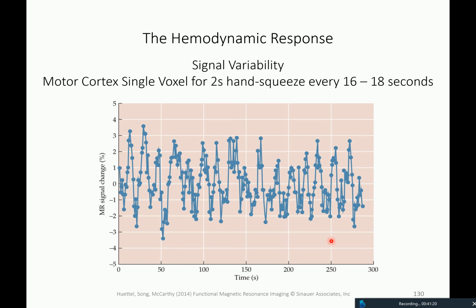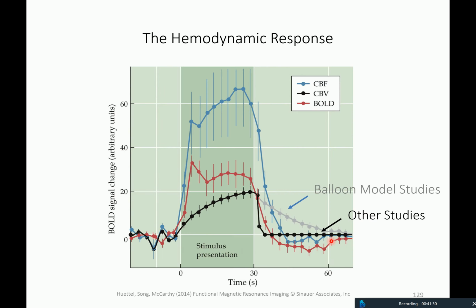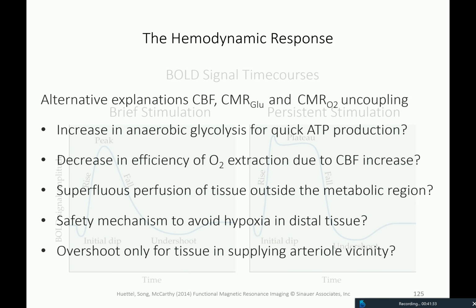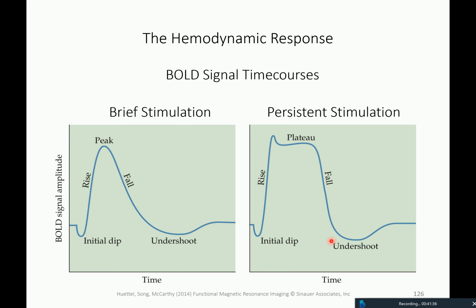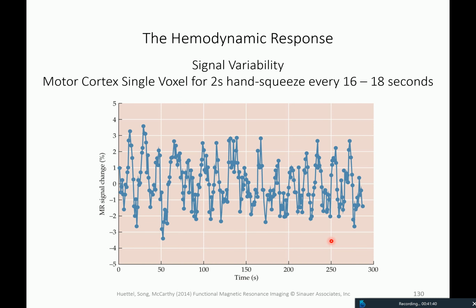Now to finish this, this is also something that you should always keep in mind when seeing these kinds of idealistic representations of BOLD signals in textbooks. Something like this is more an idealization, a model, an idea. If you really measure the data, in this case for example a 2-second hand squeeze in one participant every 16 to 18 seconds, at the resolution that you actually image here, is it maybe a TR of 1 or 2?